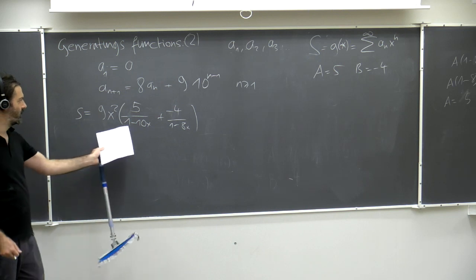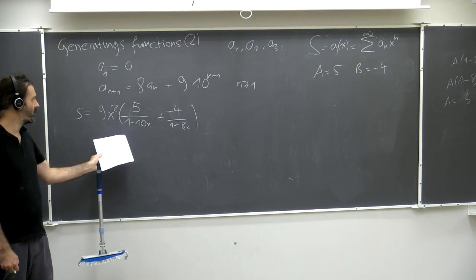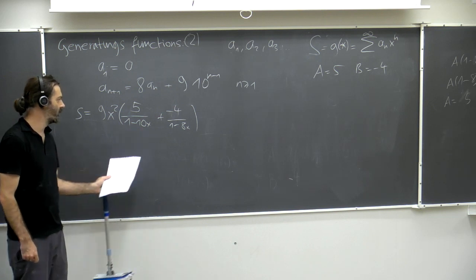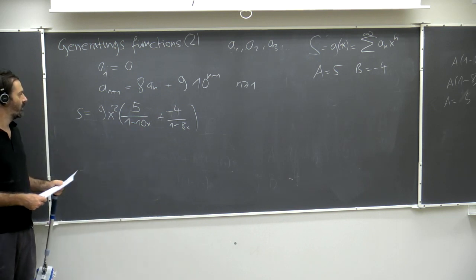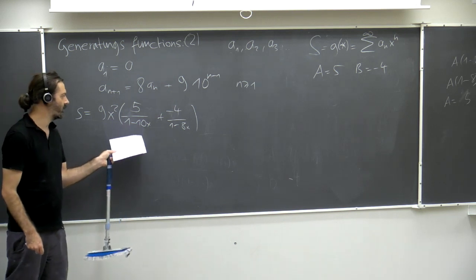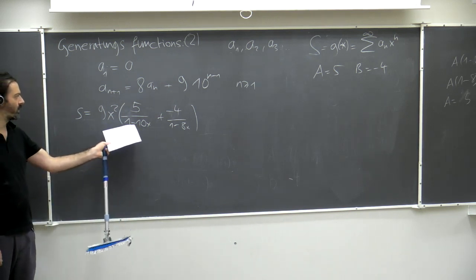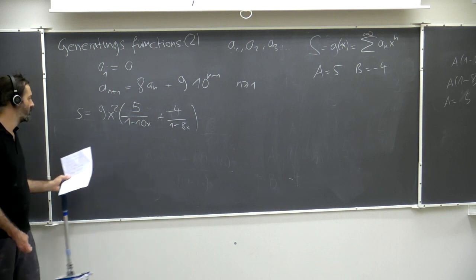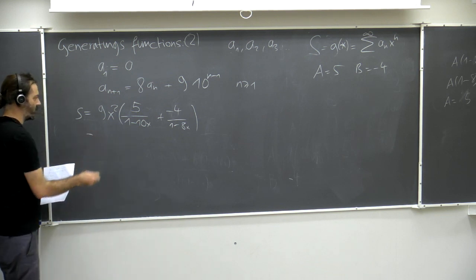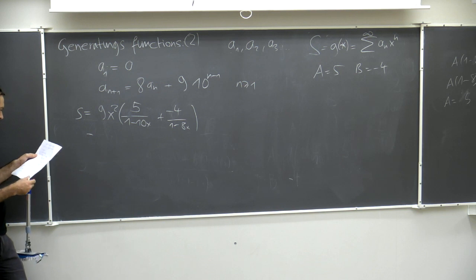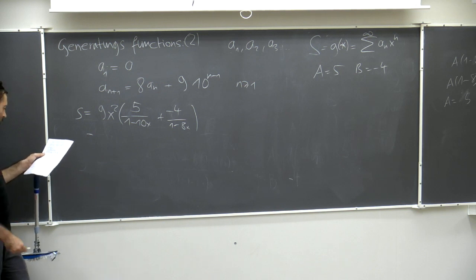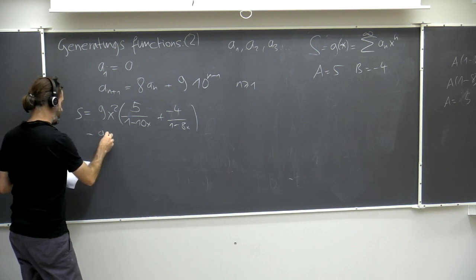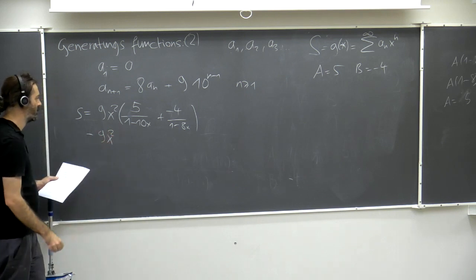In the step before, we were writing a sum as 1 over 1 minus 10x, and now we can go backwards. You can recognize the result of a geometric series here. And if you want to write this expression as sums, you get the following. You still have the 9x squared here.